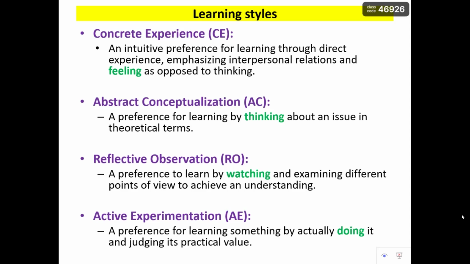You can take several perspectives by reading it. You can have a reflection in the sense that you apply what you are learning to different other contexts, right? That is reflective observation. Then active experimentation: a preference for learning something by actually doing it and judging its practical value, right?